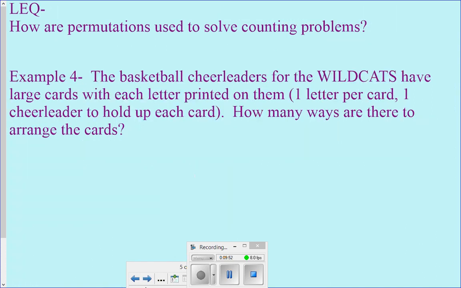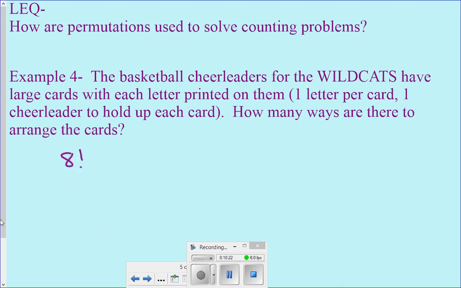Okay, this one. We have cheerleaders. They have cards with the letters for Wildcats printed on. And I noted in class, the only reason we didn't do Eagles is because of the repeating E's. We'll talk more later about how we would deal with those. But for now, Wildcats, there are 8 letters. So you can do this problem one of 2 different ways. You could realize 8 times 7 times 6 times 5, all the way down to 1, which is 8 factorial.